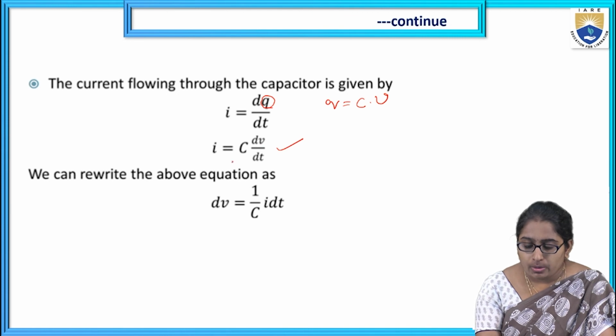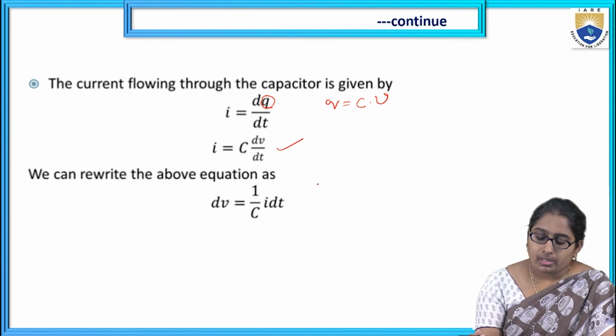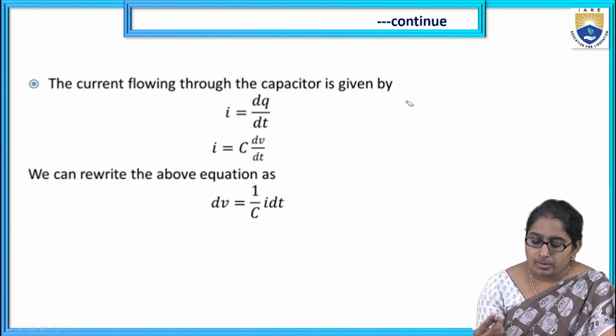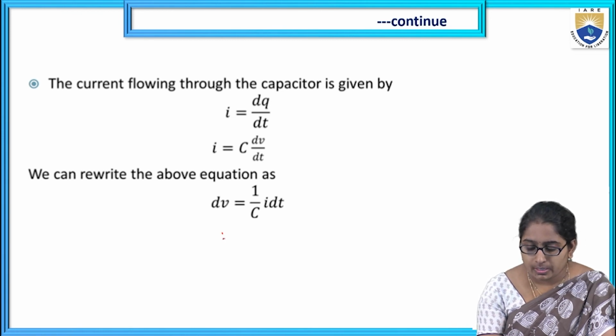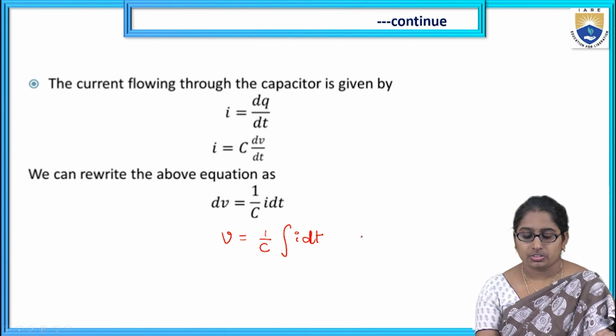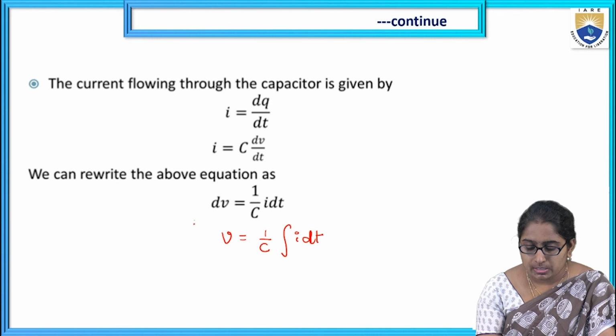And now get this dV to one side. So rewriting the above equation, it becomes dV equal to 1 by C into I dt. So from this, what is the exact equation for V? 1 by C integral of I dt. So this is the voltage-current relationship in the case of a capacitor.